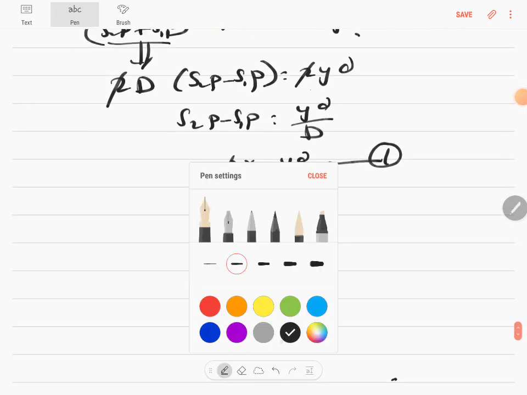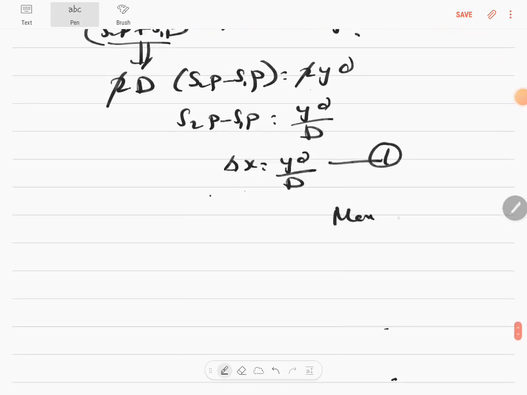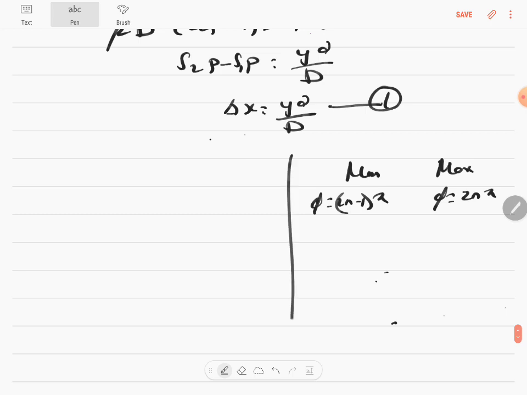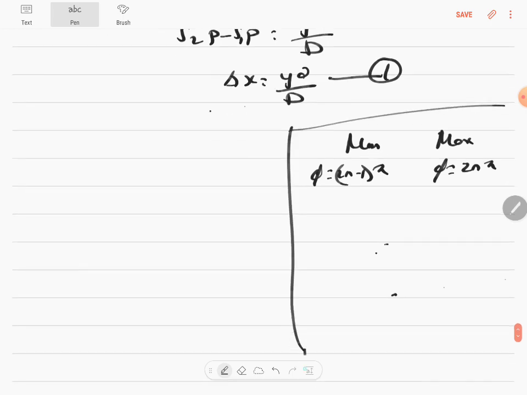We have already studied the condition for maxima and minima. Let's write the maxima here. We know that phi has to be 2n pi from the previous derivation. The minima occurs when phi is 2n minus 1 into pi. We already know these conditions, right? So let's write like this, and take the right hand side and write these conditions. Put a box here and try to write.